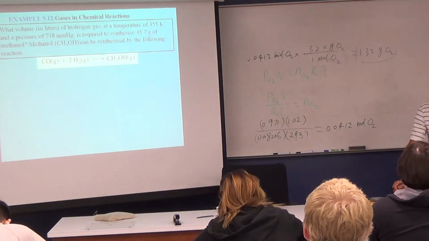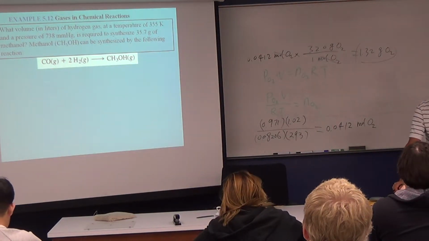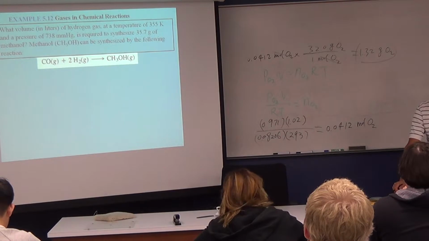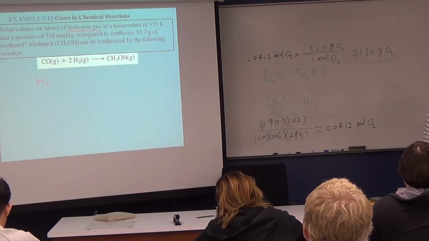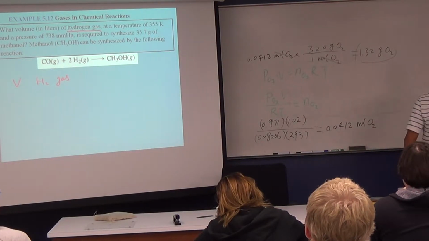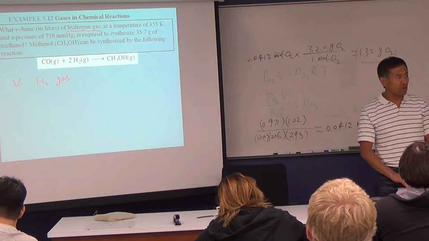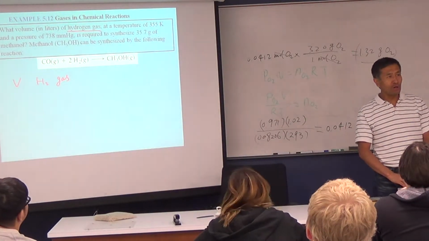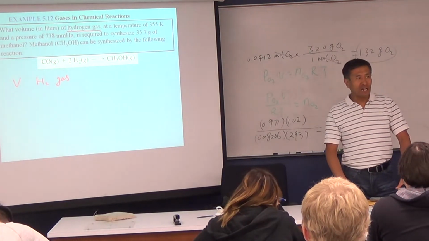Right? So what you want to find out, let's again go the backward way. You want to find out the volume of hydrogen gas. Hydrogen gas is H2 gas. So obviously this is a gas problem. A gas problem is about those gas laws, right? Gas laws are Boyle's law, Charles's law, and the ideal gas law.